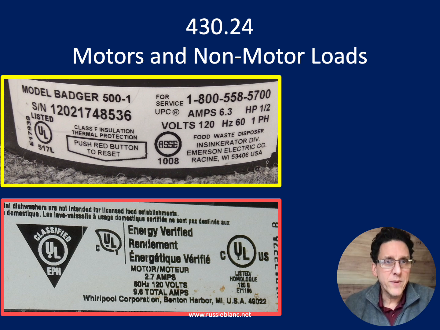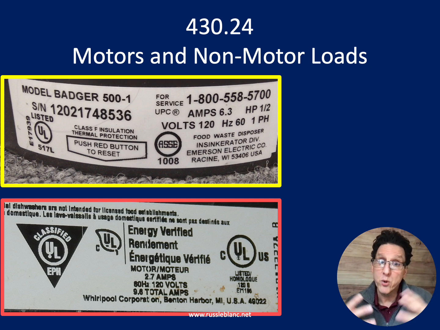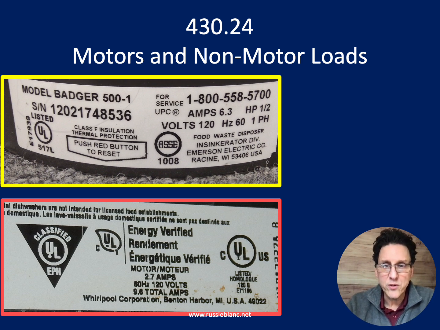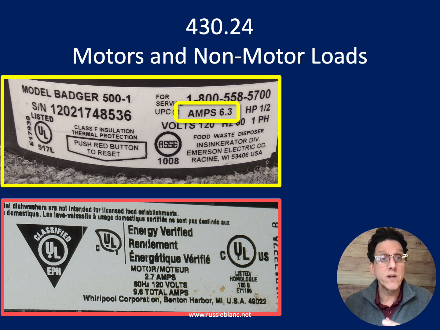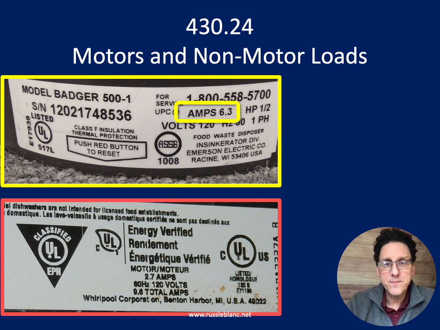Okay, here's another example where on the top is a disposal and the bottom is a dishwasher, and we want to put these on the same branch circuit and calculate the load. Taking a look at the top, 6.3 amps, it has both amperage and horsepower, and it's listed, so we're required to use that 6.3 amps.